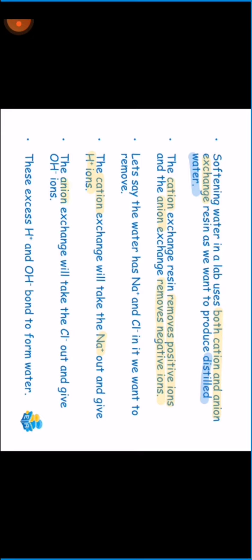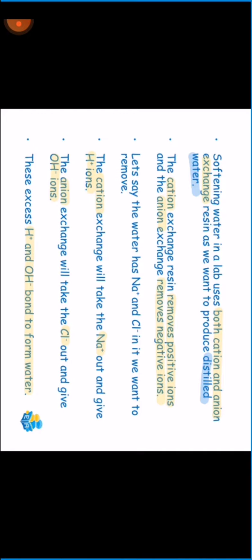Similarly, the anion exchange resin will remove the chloride ion, because we know the anion exchange resin removes negative ions, and it will replace this chloride ion with hydroxide ions. Basically, these excess hydroxide ions and hydrogen ions bond together to form water.